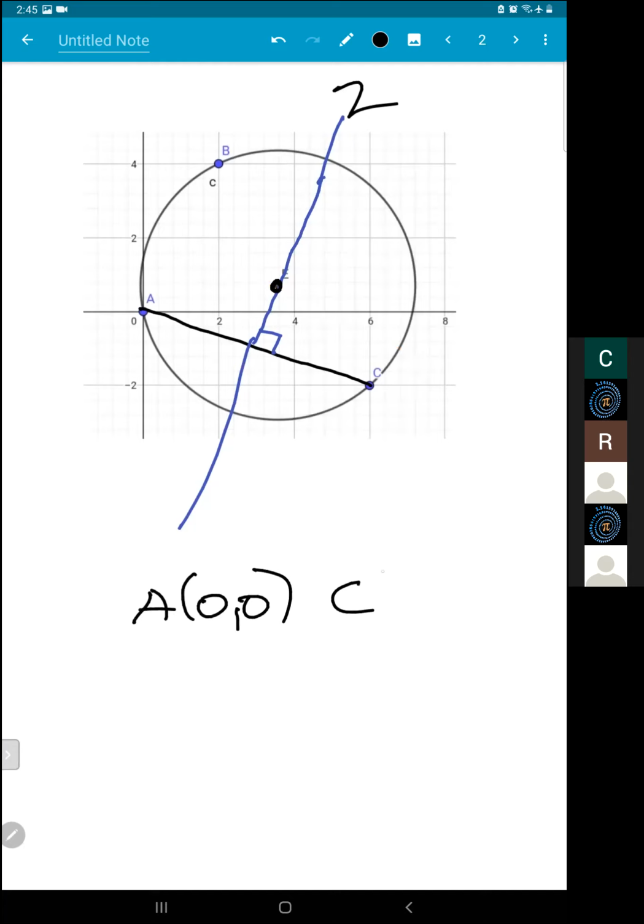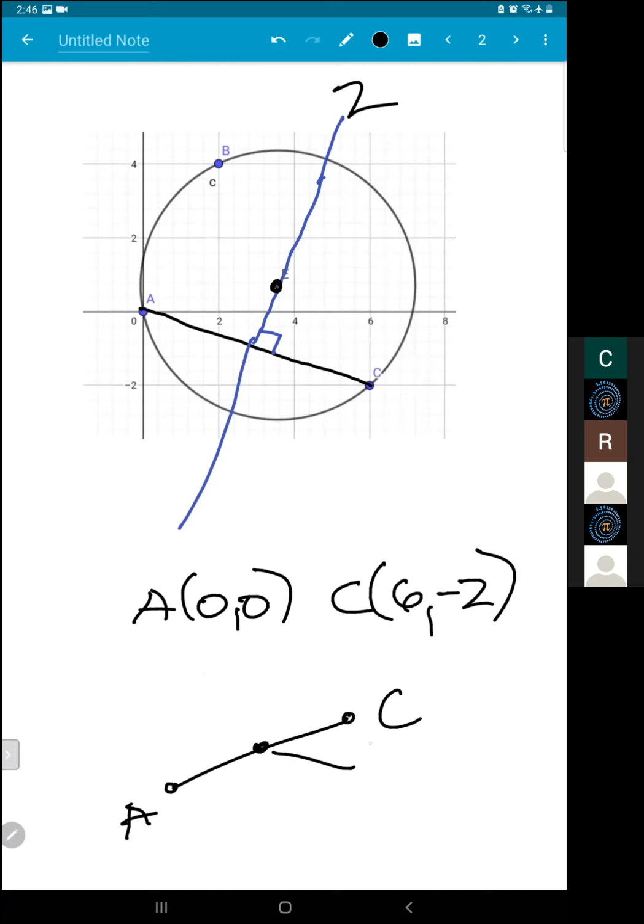C has coordinates 6, negative 2. Again, midpoint. Get the averages. You'll have 3, negative 1.